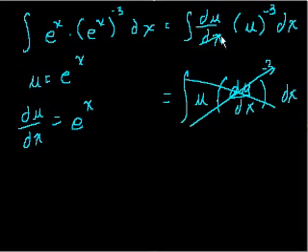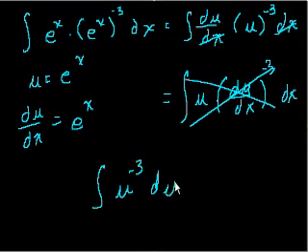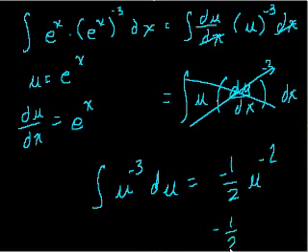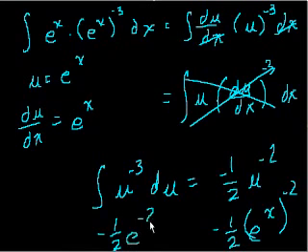So this simplifies to the integral of u to the -3 du, and that equals, let's see, you raise the exponent by 1, -1/2 u to the -2, and that's the same thing as -1/2 e to the x to the -2, or we could view that as -1/2 e to the -2x, and of course plus c at the end.